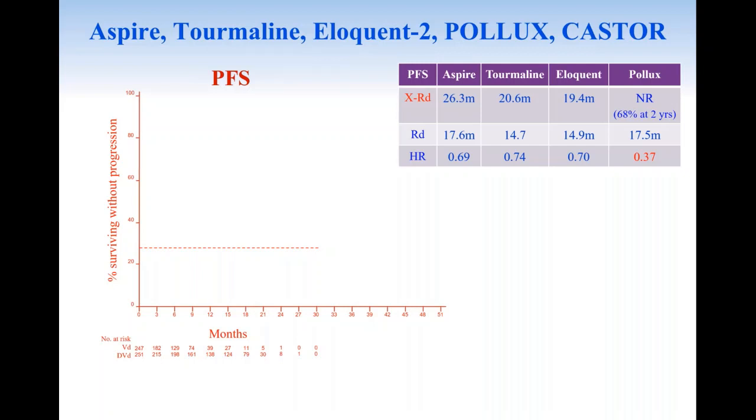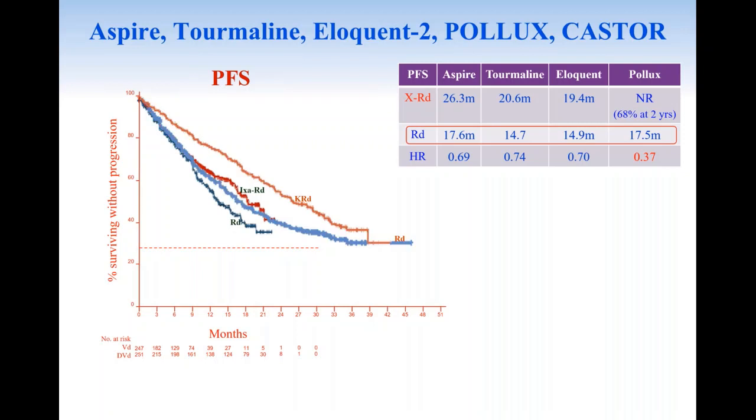With that, we can anchor the control arm and compare the hazard ratio in a graphical way. So first of all, this is the ixazomib RD versus RD. And this is the carfilzomib RD versus control. And also, we have the Elo-RD versus RD. And now we have daratumumab RD versus RD.